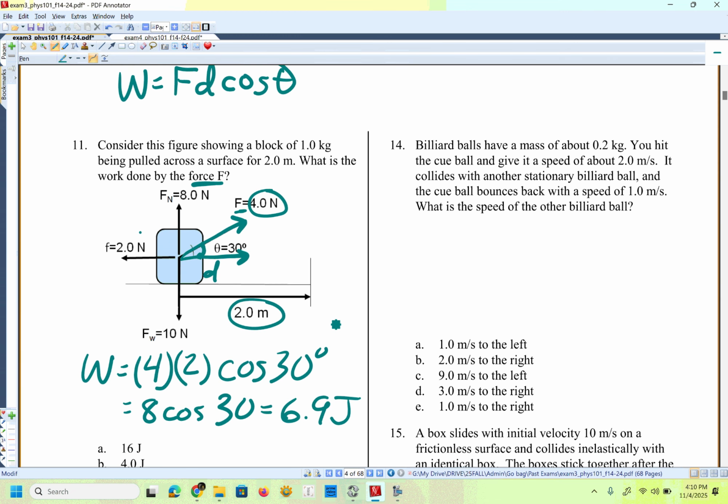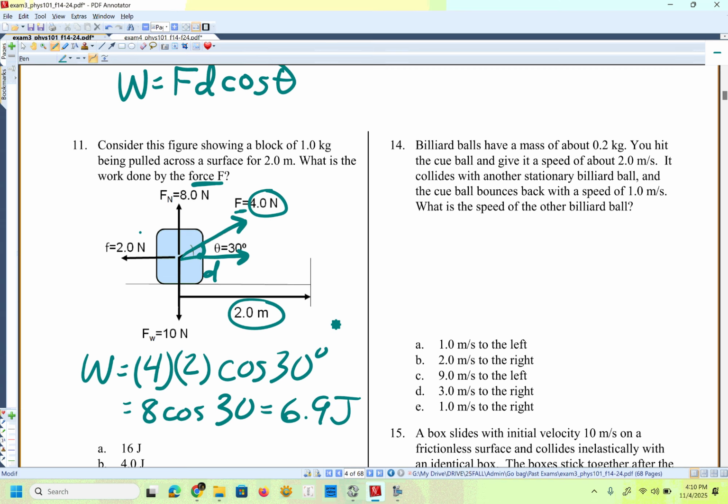Well, the other question that I could ask is not just what is the work done by this force, but what is the total work being done by all the forces. Now I know that this force does no work because there's no displacement in that direction. Likewise, this force does no work. This force is going to do what?